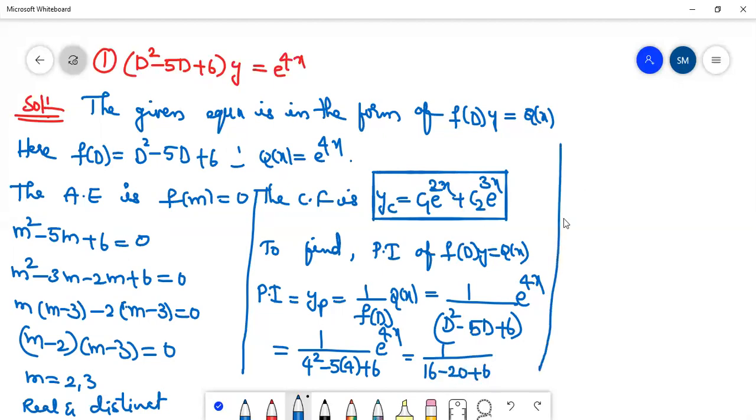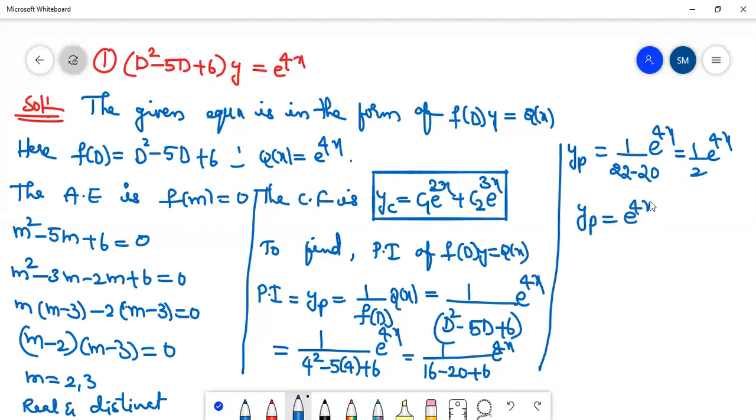Equal to 1 by 4 fours are 16 minus 5 fours are 20 plus 6. Then yp is equal to 1 by 22 minus 20 e power 4x, equal to 1 by 2 e power 4x. Therefore, yp equal to e power 4x by 2.